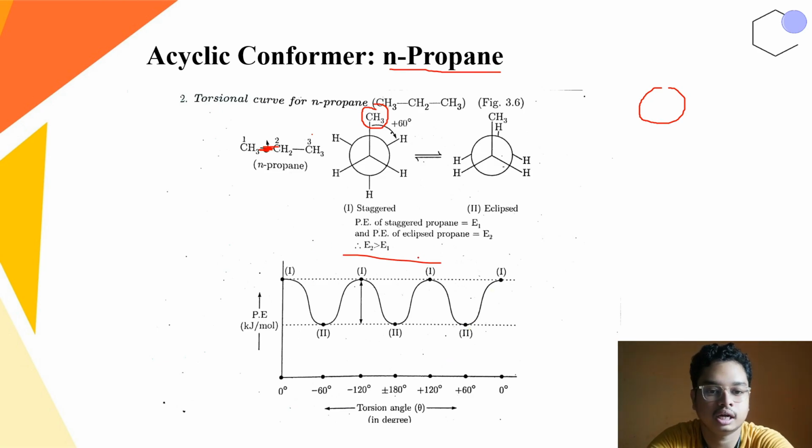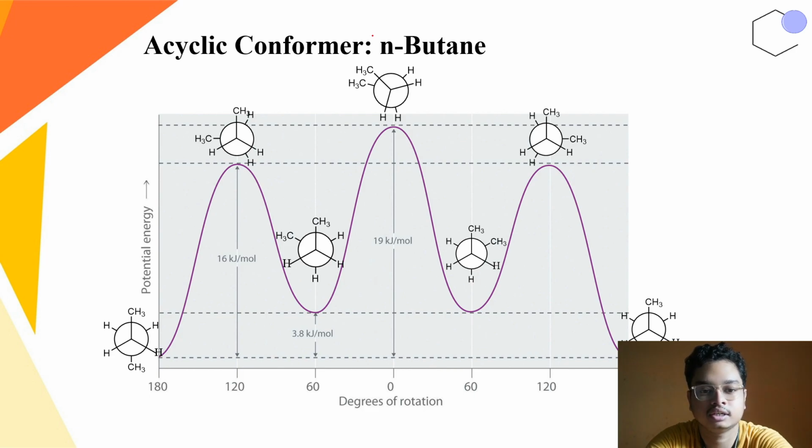Okay, so now we move to a very interesting compound, that is n-butane. Here, the potential energy diagram, or you can say the energy profile diagram, is a little bit confusing. So initially we begin with the 0-degree rotation. In 0-degree rotation, that means it is a complete eclipse conformer.